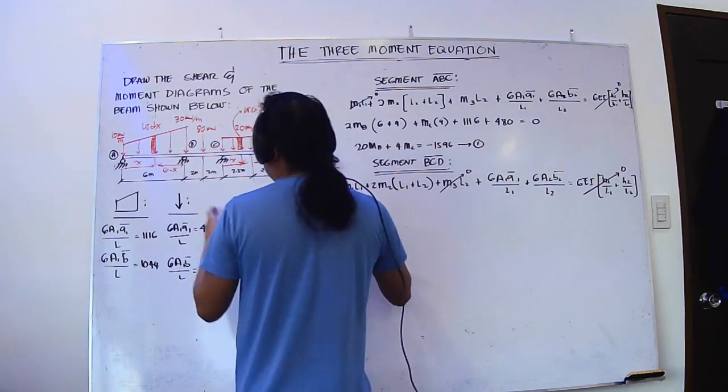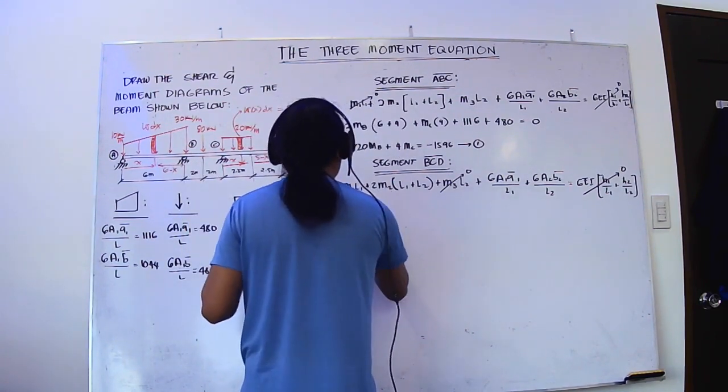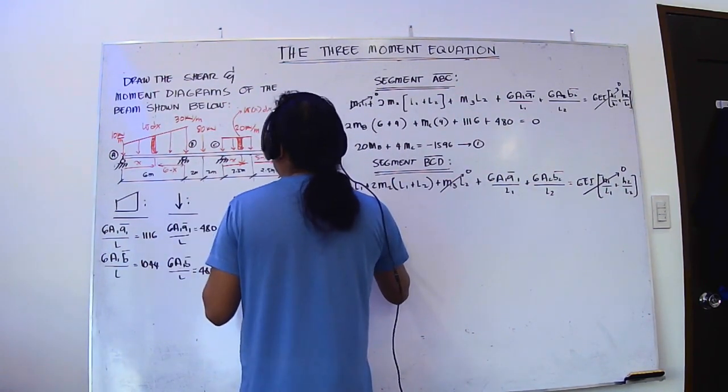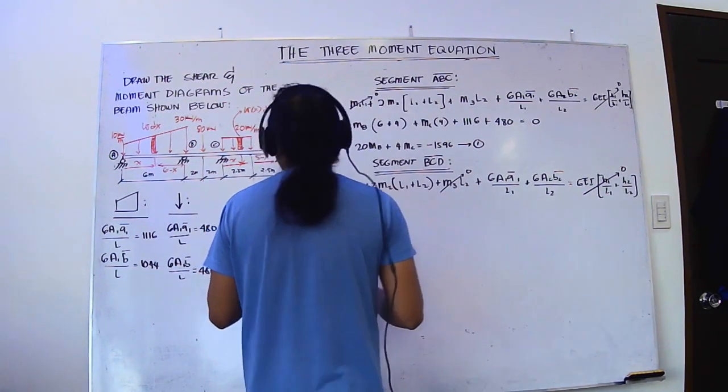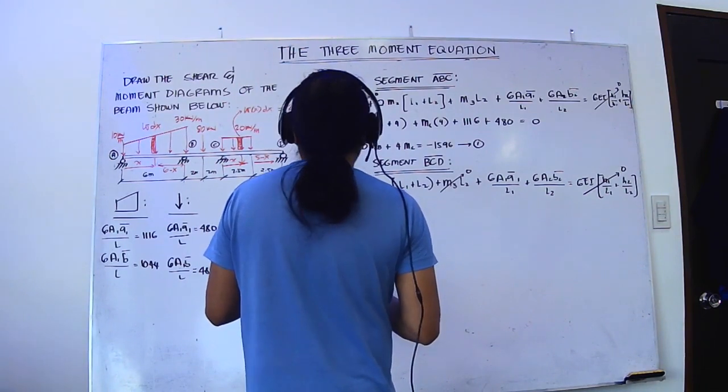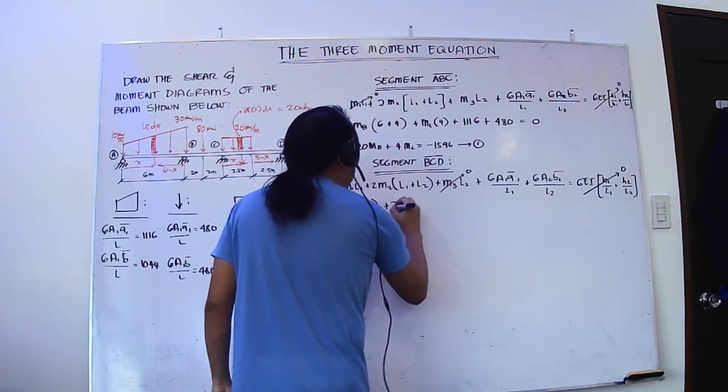So, M1 here is 4, right? M1 which is equal to B times 4. Okay? Plus 2MC.